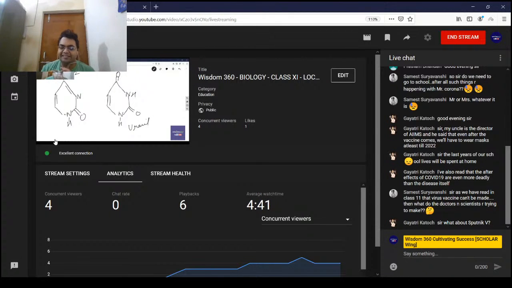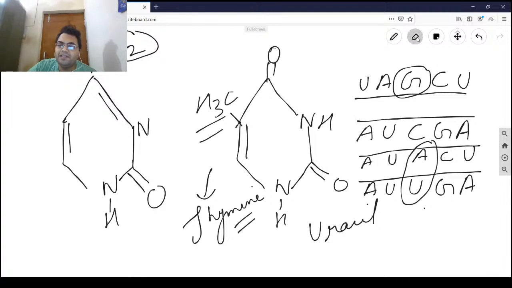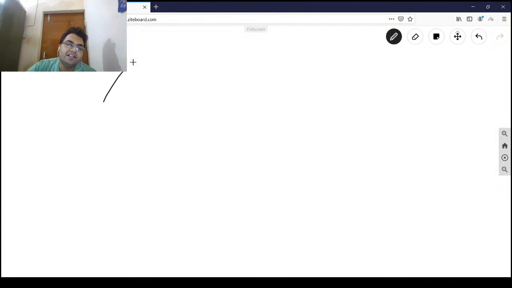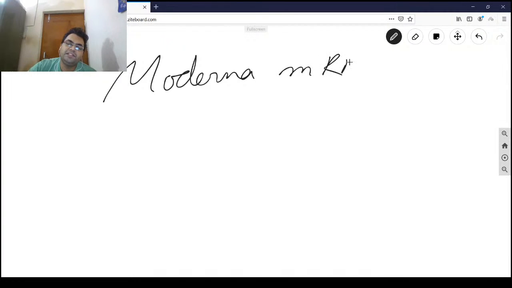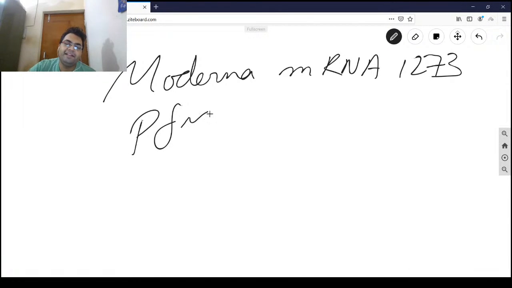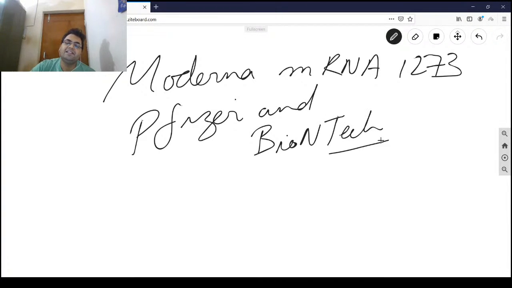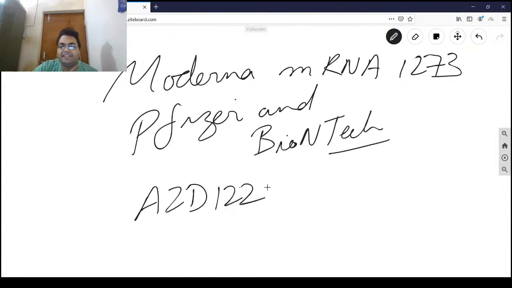The best vaccine, as per me, is going to be either Moderna's mRNA-1273 or Pfizer BioNTech's BNT162b2. AstraZeneca's AZD1222 vaccine is also a good one.